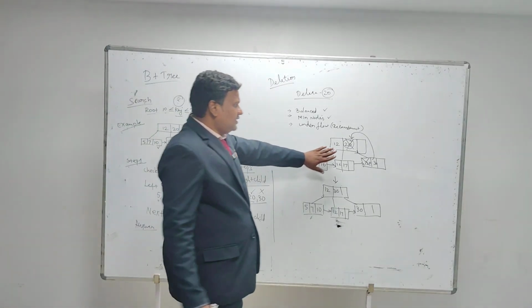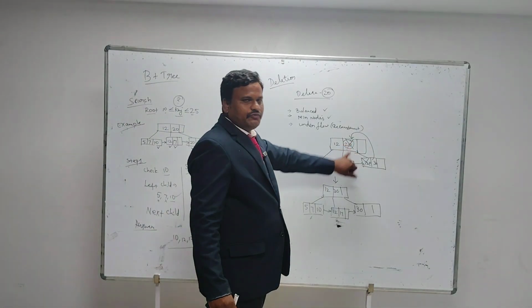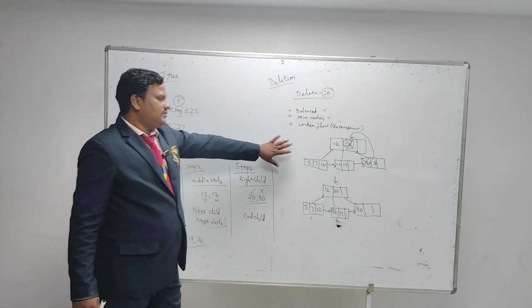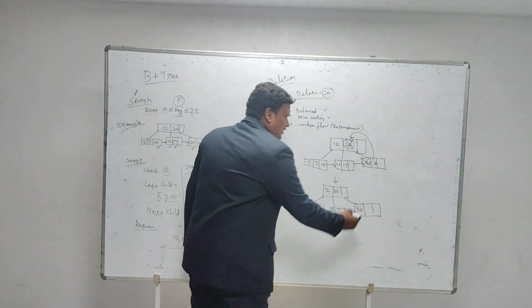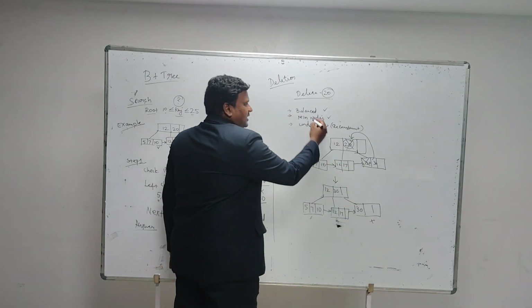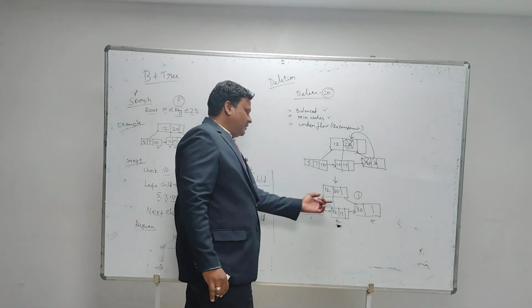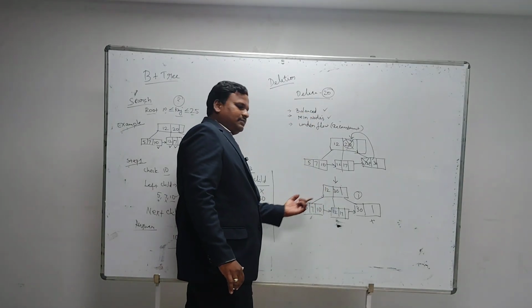Suppose 20 is deleted here, then we need to check for any underflow. There is no underflow here. It is a minimum node; yes, minimum 1 node is kept in the leaf, and it is balanced. All have the balance.